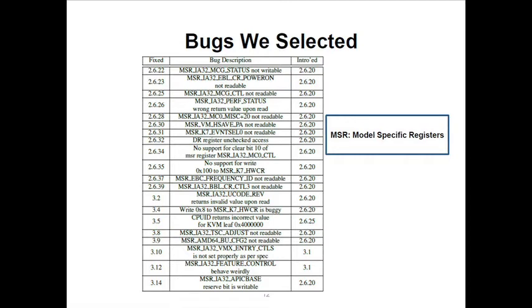The reason there are so many bugs related to MSRs is that CPU vendors like Intel and AMD define hundreds of MSRs, and these registers may only exist in some specific processor models and may not exist in other processor models. So it's very hard for a hypervisor to correctly emulate all the behaviors of these MSRs. Therefore, a lot of bugs are caused by MSRs.